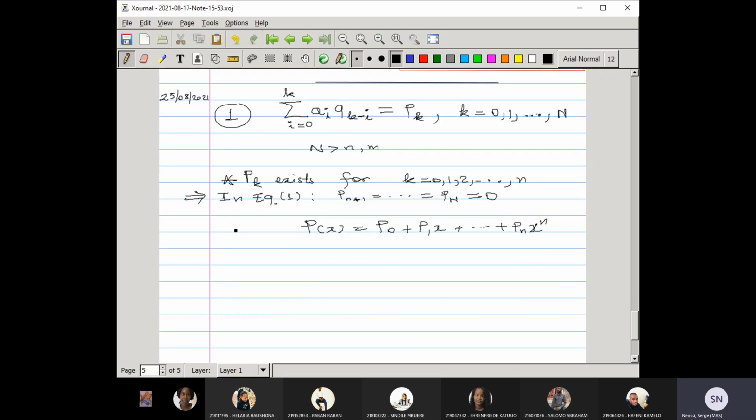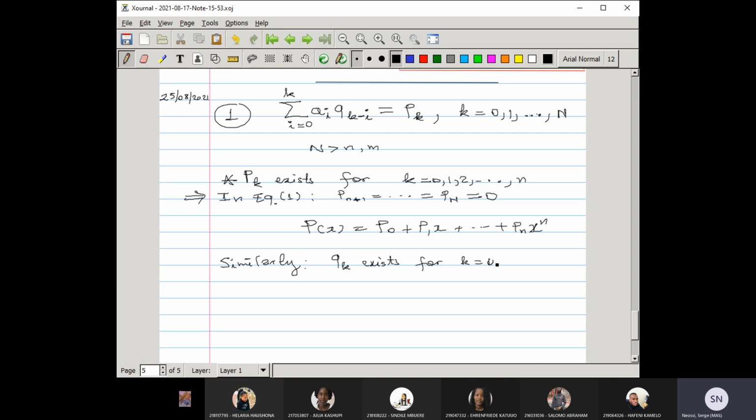So similarly, qk exists for k up to m in this formula, because for k equal to 0, q0 is 1, right?